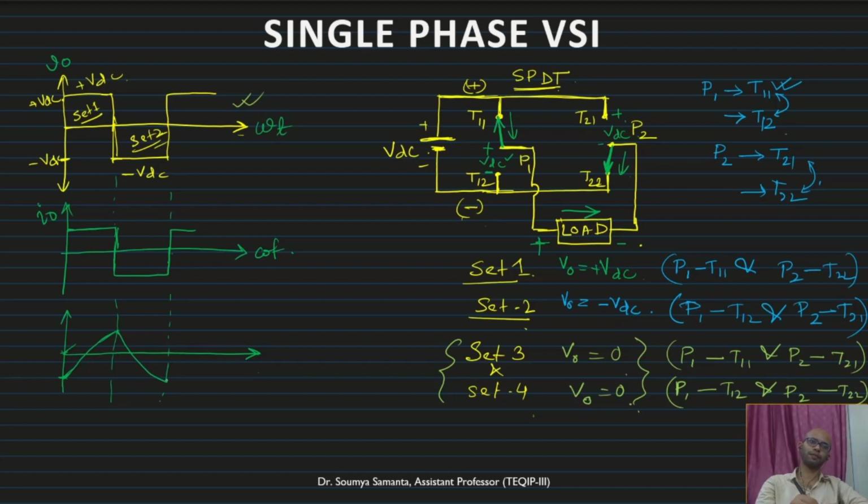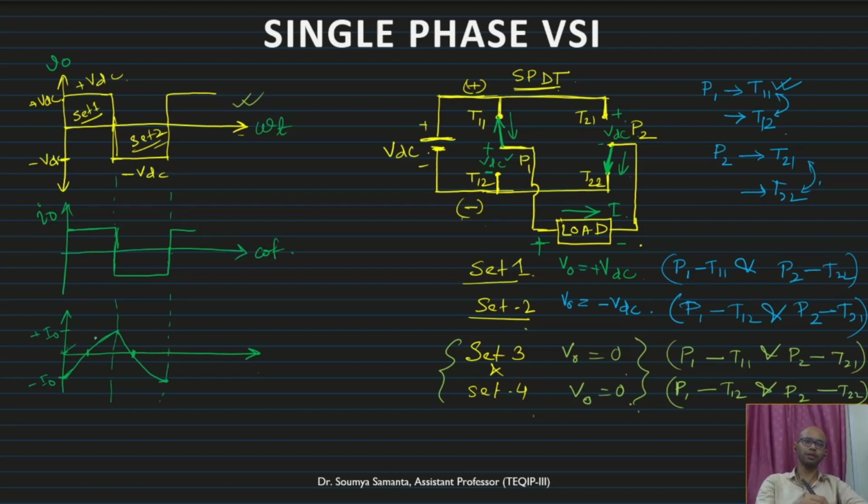Suppose this is minus I naught and this is plus I naught. I naught is the output current. So this will be the current through the load when it is highly inductive in nature.